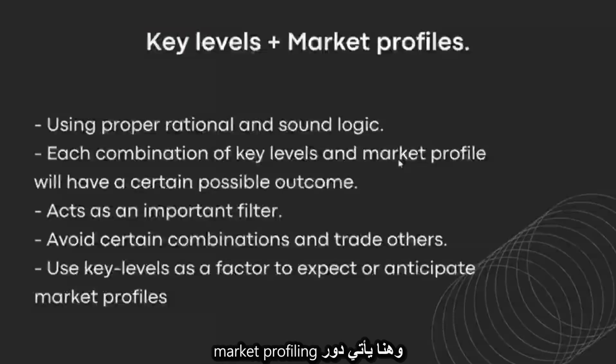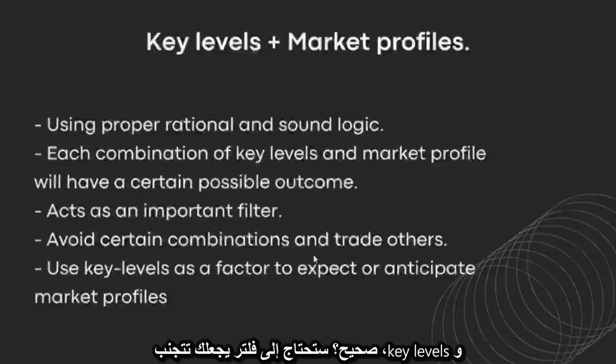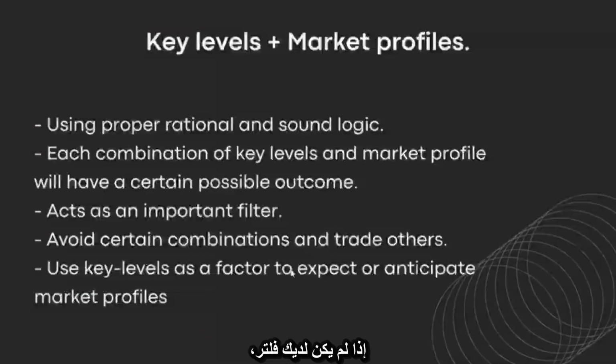And that's where market profiling and key levels come in, right? That's where you would need a filter that could make you avoid lower probability conditions. If you didn't have a filter, then all you'd be doing is trading every sort of market condition, and that wouldn't be profitable for you. So most of the time you wait and then you execute only in high probability conditions.